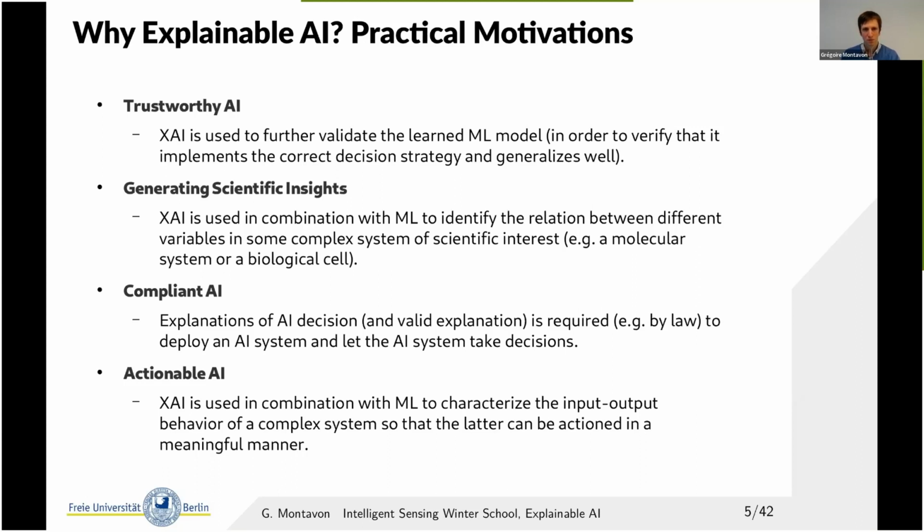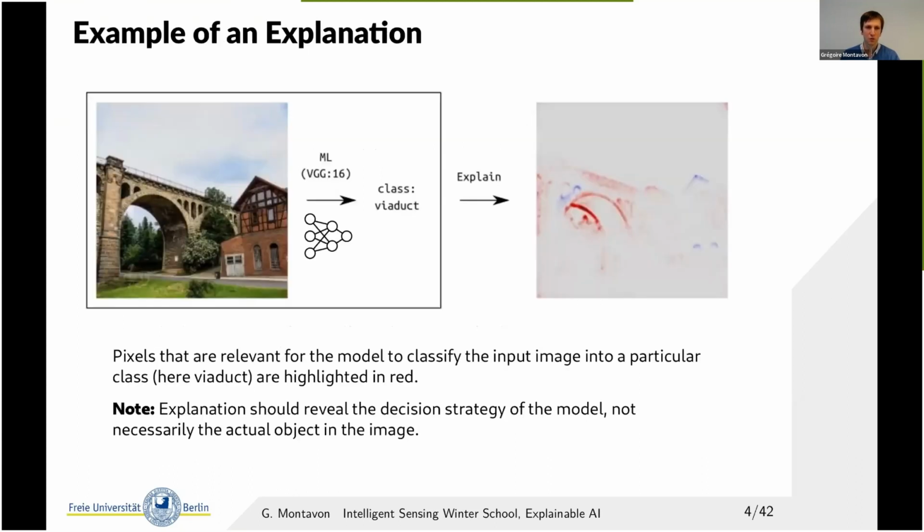But there are many more practical motivations, and one potential application is using explainable AI to generate scientific insights. So here, you might think of, for example, a model which, instead of predicting something which we know, might predict something which is actually some very technical concept, and nobody has a clue how to predict.